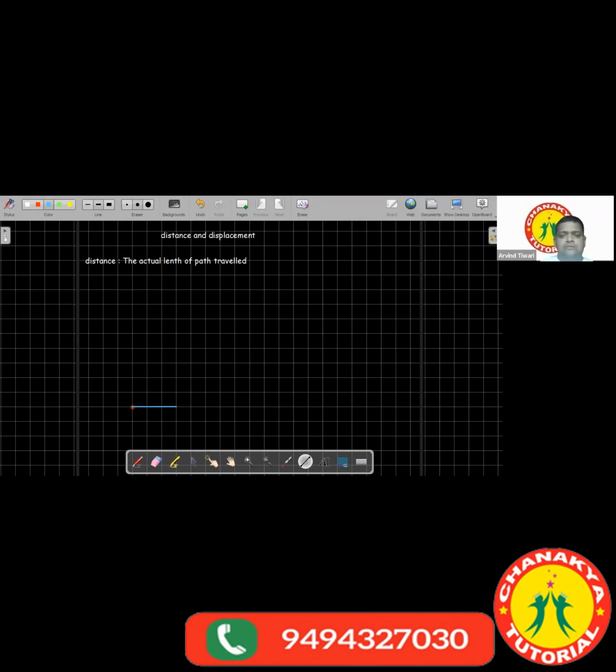I move 3 units. Then again I move 3 units. Again I move 3 units. And now I move for 1 unit. Here each unit is your 1 centimeter. So 1 unit is equal to 1 centimeter.